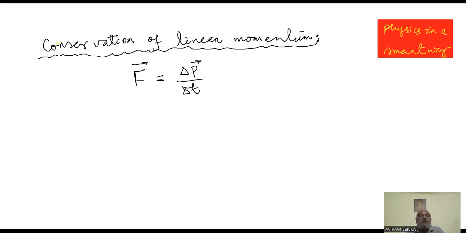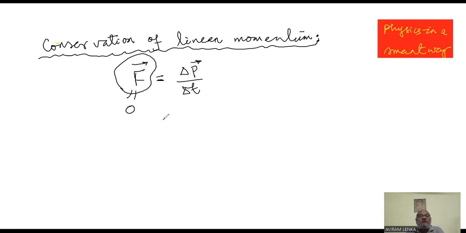We may not go for further elaboration. And you know, this force is the resultant force acting on the body or the external net force acting on the body. If by chance or if in a particular case net external force acting on the body is zero, then immediately the left-hand side of this equation just vanishes.